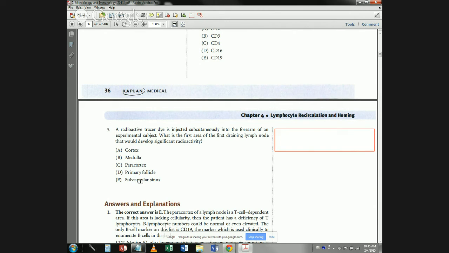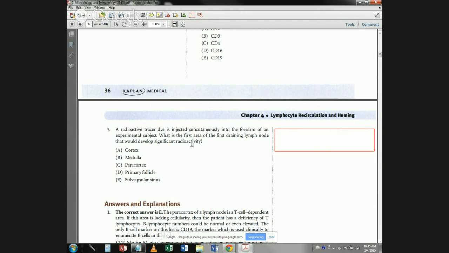So it's probably subcapsular sinus, because cortex is a big area. And then there's paracortex. I mean, it is the cortex, but if you want to know where in the cortex, it will be primary, but subcapsular sinus happens first. So I think I'd go with subcapsular sinus.